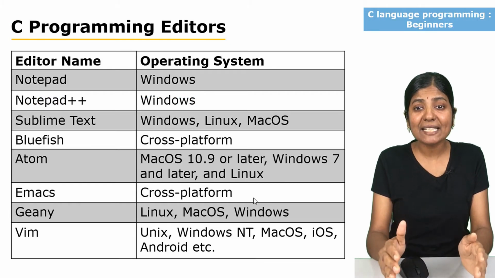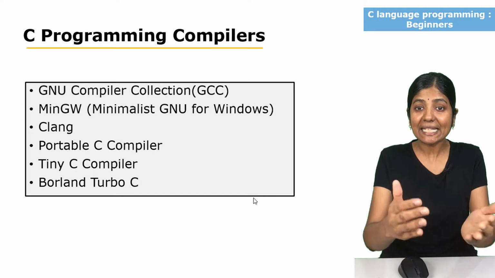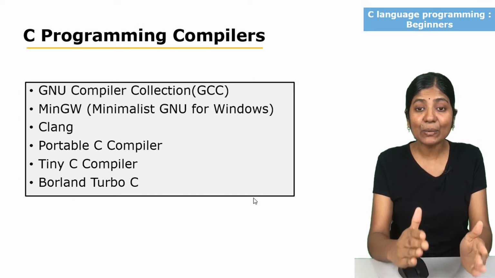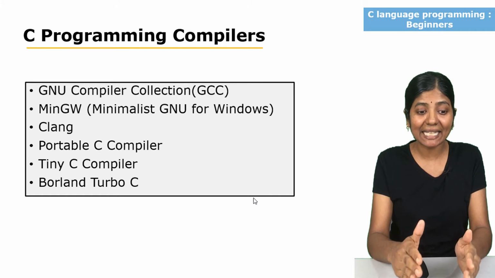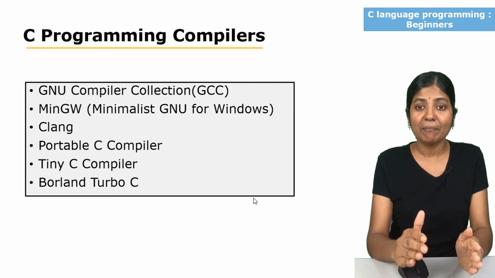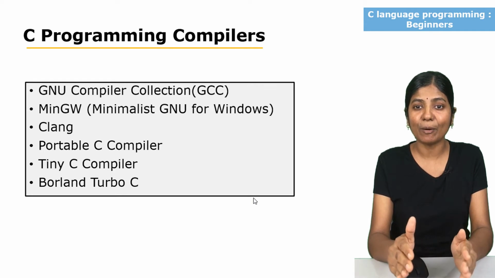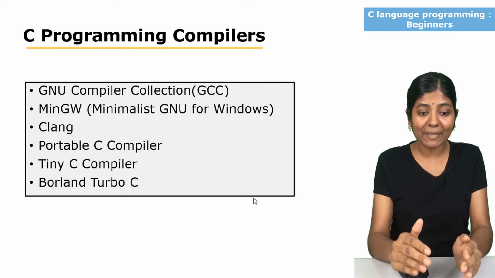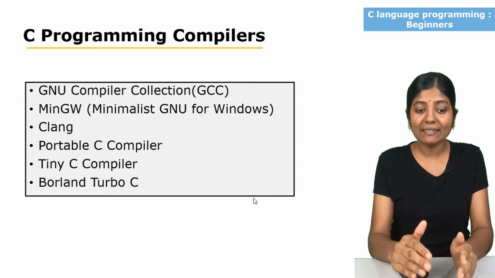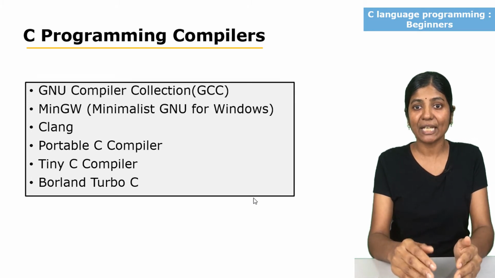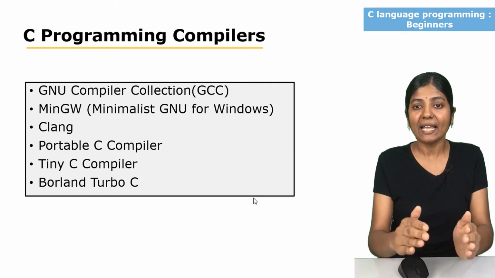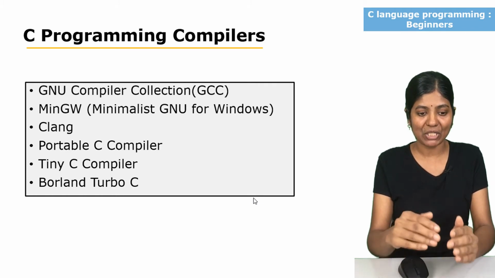Let's see a few compilers available for C programming. These are the GNU Compiler Collection, short GCC, MinGW, Minimalist GNU for Windows. MinGW is the GCC compiler for the Windows operating system. Clang compiler, Portable C compiler, Tiny C compiler and Borland Turbo C compiler. These are the different compiler software used to translate high-level language code into machine code.